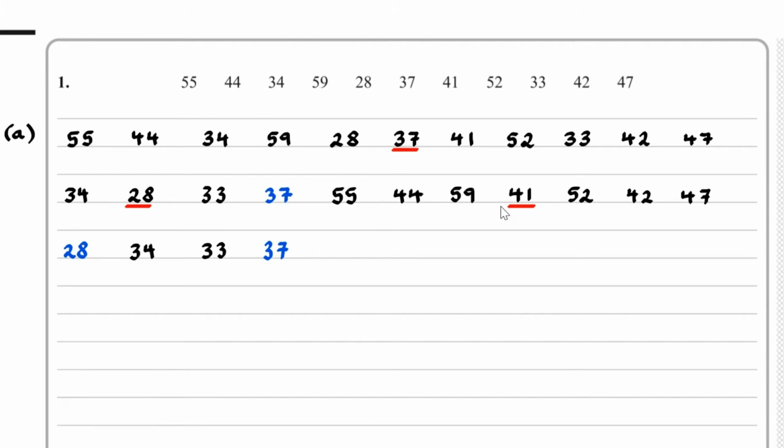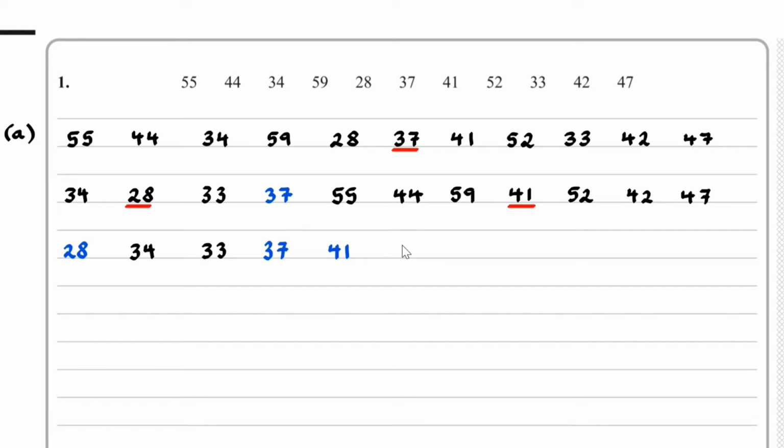Now you can see that 55, the 44, the 59, the 52, the 42 and the 47 are all bigger than the 41. So 41, our pivot, goes here, and then what's bigger than the 41?